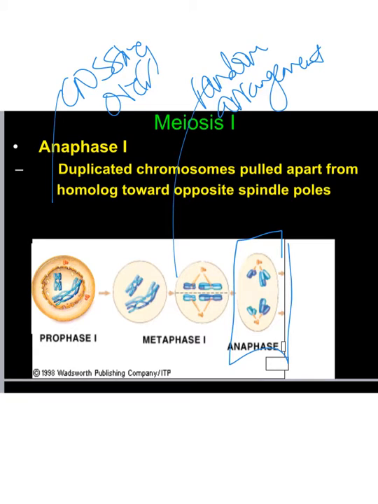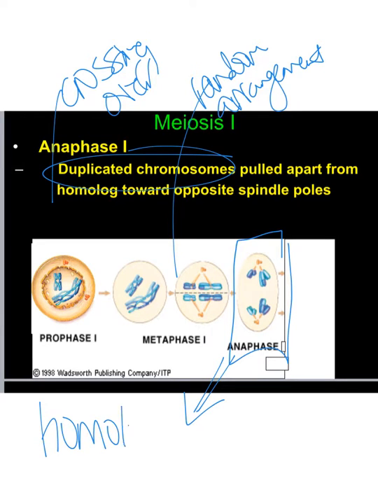So anaphase is where we start to pull those chromosomes to opposite poles of the cell through the shortening of the microtubules. And in this case, we get duplicated chromosomes that are pulled apart. So in anaphase 1, it is key to know that we are separating homologous pairs.